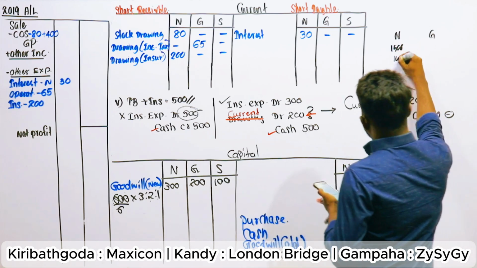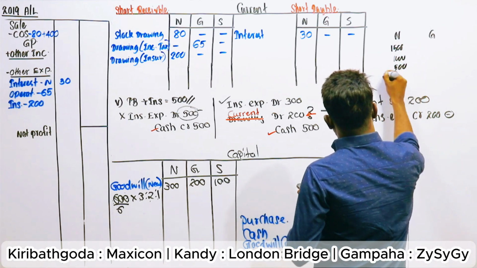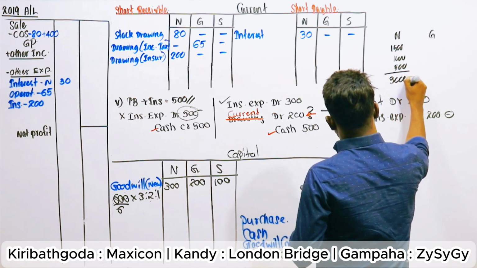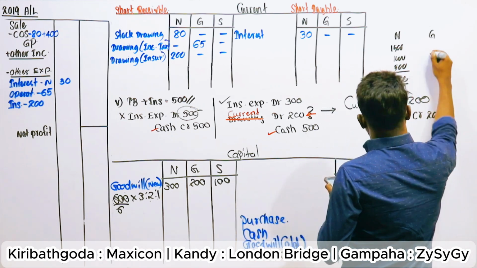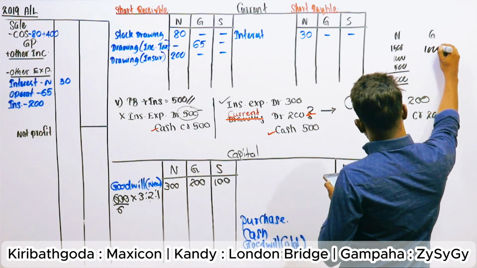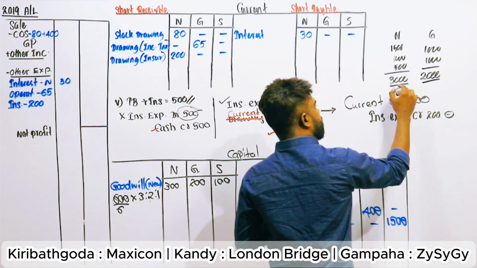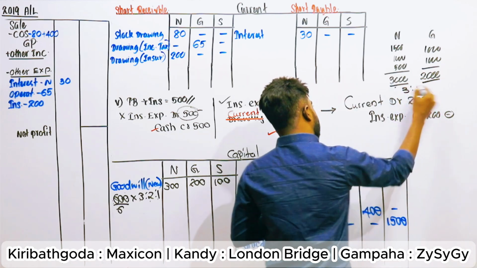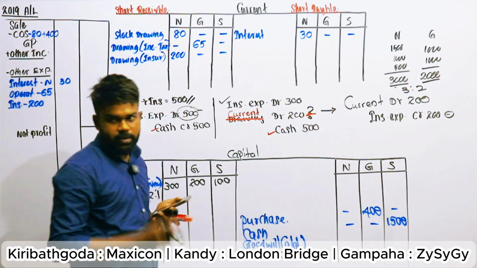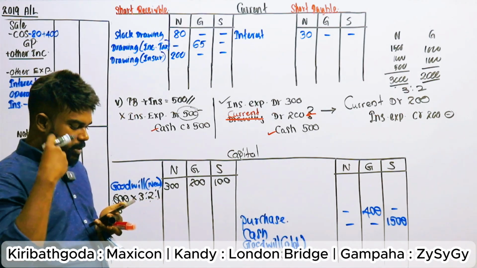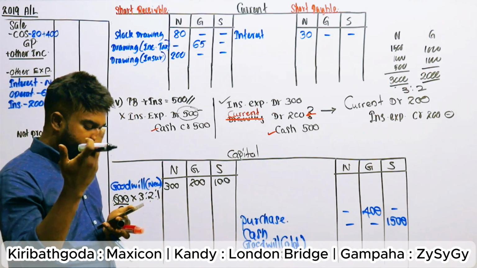Here 1500, total amount 3000. Here 1000. Opening initial investment: 3000, 2000. What's the ratio? 3 is to 2. You have to calculate like that. At the beginning of the question it says Nadi and Ganga provide land, building, office equipment, cash.